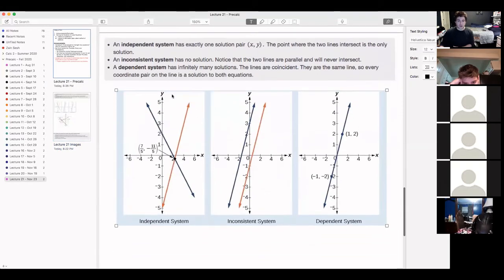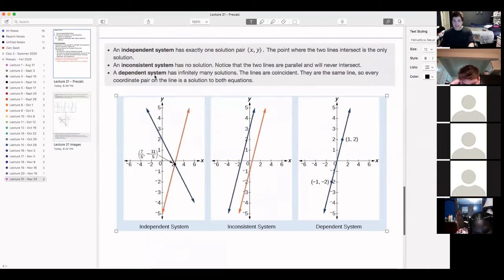Okay, the first one, independent system: you'll see there's exactly one solution. There's just one point of intersection. Inconsistent is when there's no solution. You can see here the lines are parallel, so they're never going to cross each other. If you remember from our earlier work, lines are parallel precisely when they have the same slope.